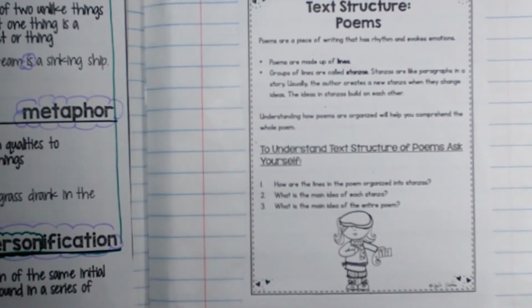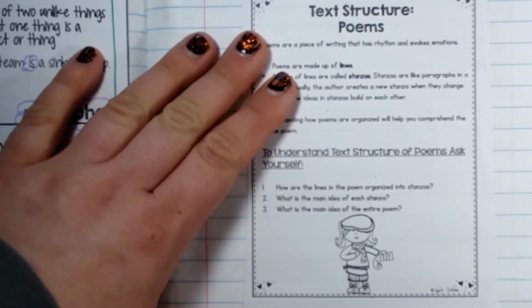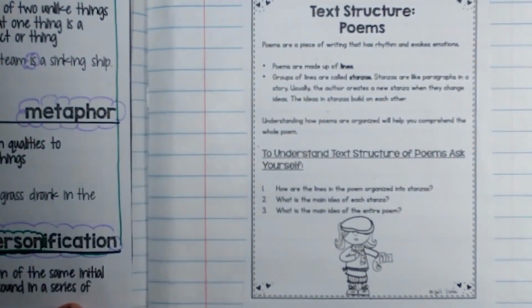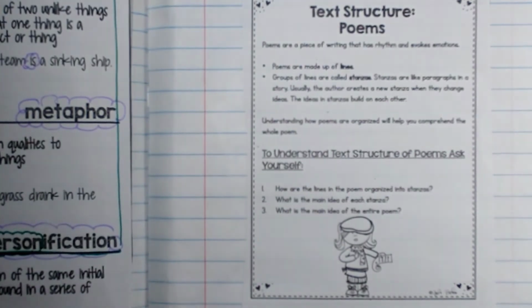You have to do a lot of decoding when you're doing poems, and that will help you understand. If you don't understand the poem, you cannot go in deeper to find the theme, the mood, the tone, and the overall message in the poem. So just like I would have you go into the text and read it to understand, this is what I want you to do.